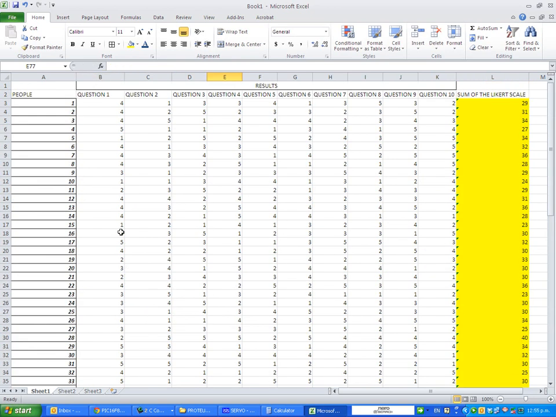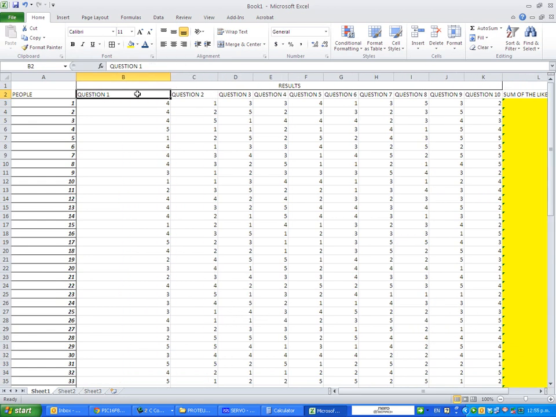Now, this helps us because let's say we have a question. Let's take question number 1 from the Likert scale: when you walk for more than 5 hours, you need to rest more than 2.